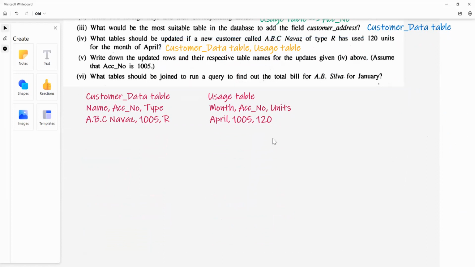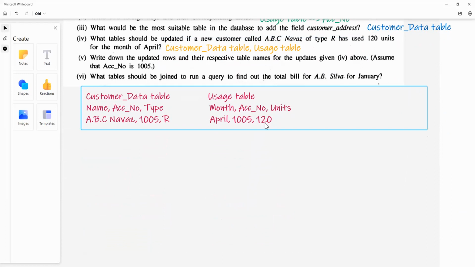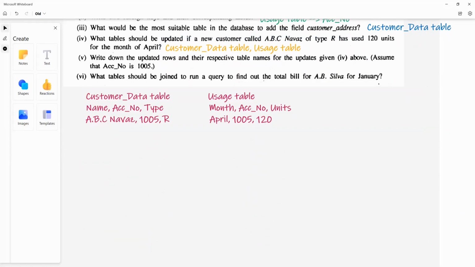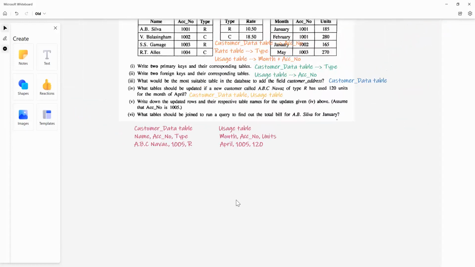Last one. What tables should be joined to run a query to find out the total bill for AB Silva for January? The question asks what tables, right?